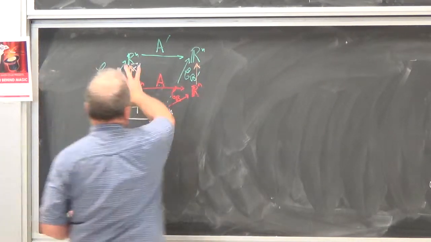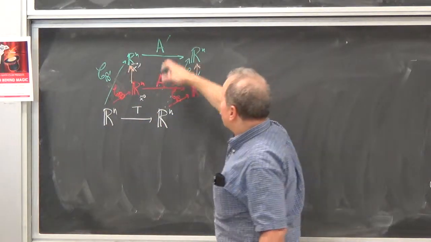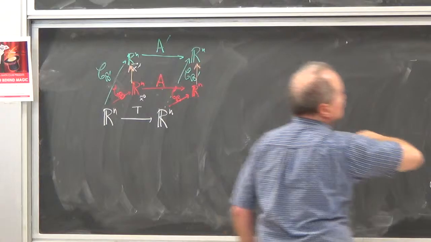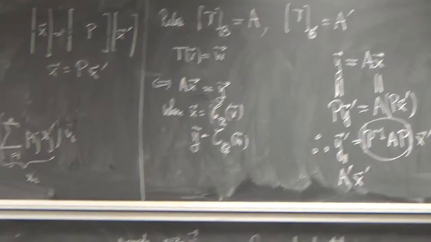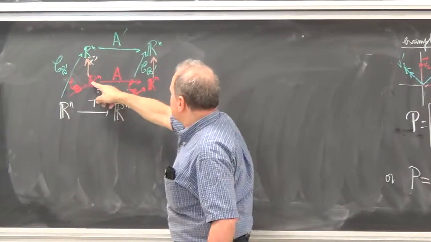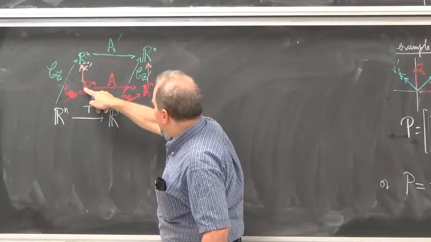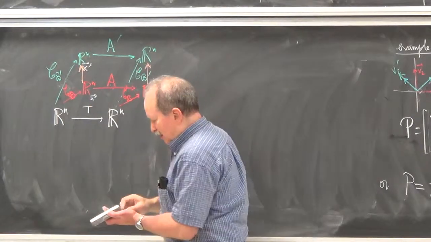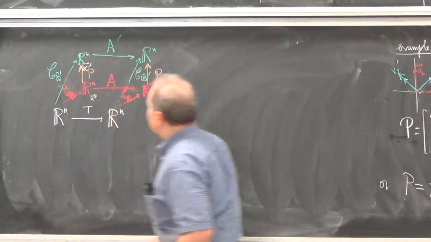So you now have a diagram here, which is really a three-dimensional picture that relates A prime and A. And what's the formula supposed to be? A prime is supposed to be P inverse AP. So to do A prime, I do this. I come down here, do A, come back here, and so exactly as Ken surmised, this brown arrow is P.